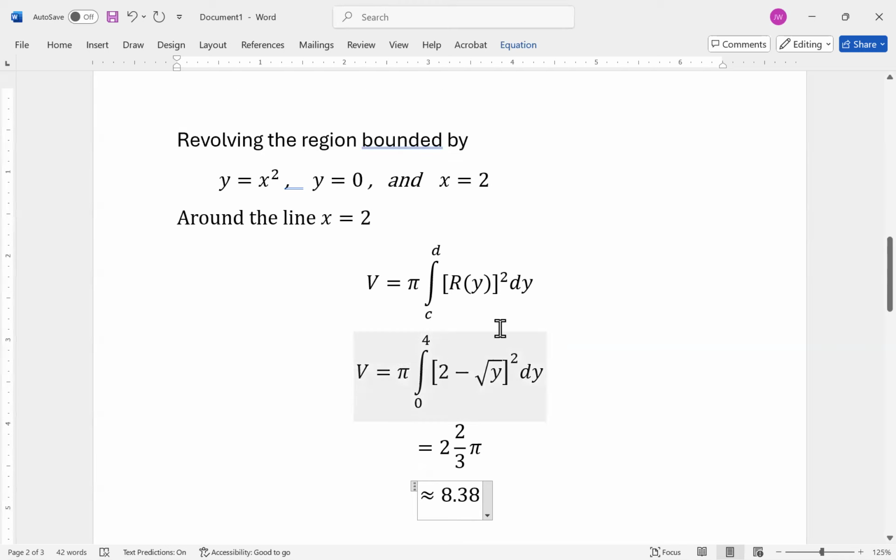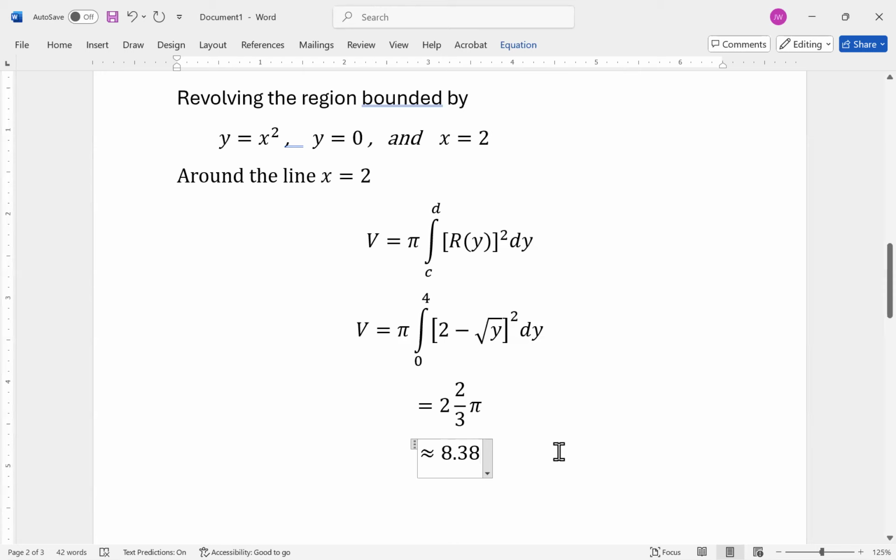So that's what happens when I do this problem, when I find the volume of this three-dimensional figure created by revolving this region around the line x equals 2. Again, when I actually did this integration with my calculator, I just put in a variable each time I saw a y, and in that case it was the x variable.